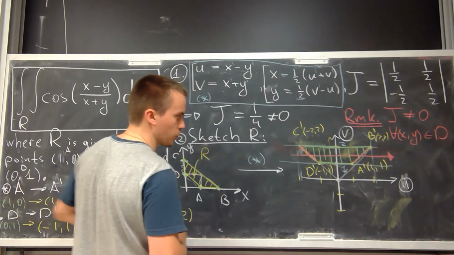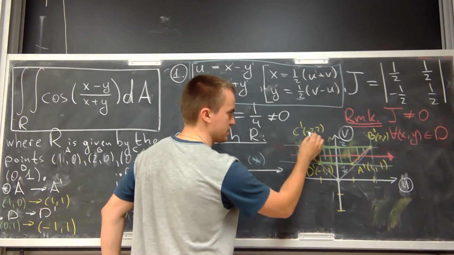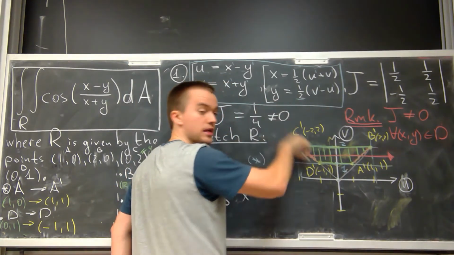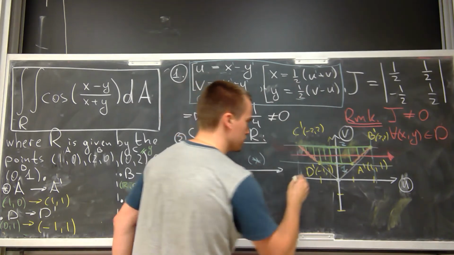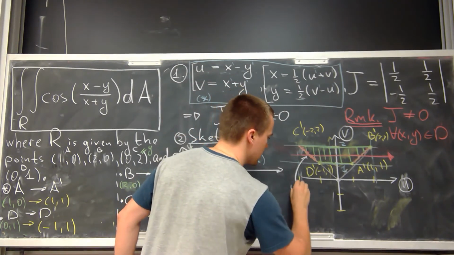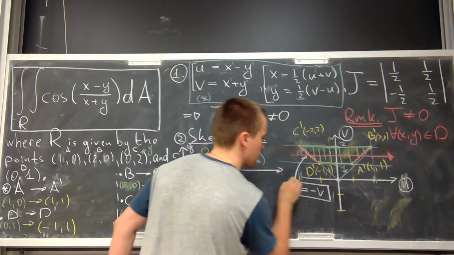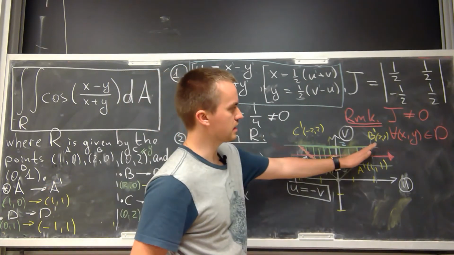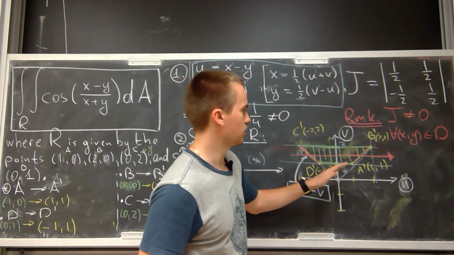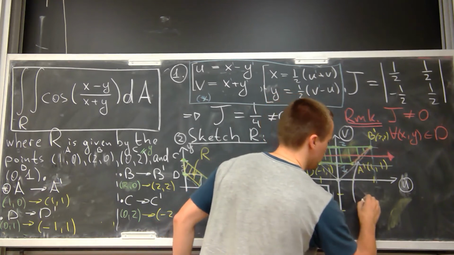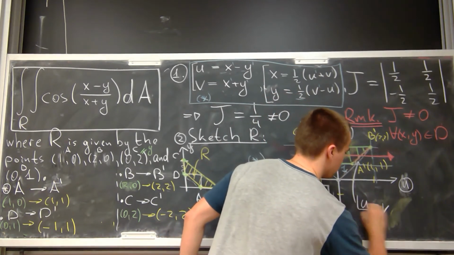We can see the points -2, 2 and -1, 1, or in other words, this is a line with a slope of -1. So this line is described by the equation u equals -v. But this line has a positive slope 1, so this bound is u equals v.